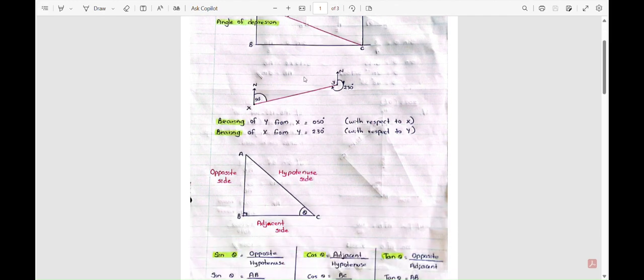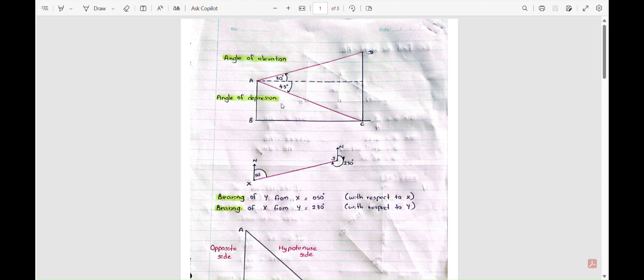Then let's move on to the next thing. In this question, there's something called bearing. Normally, the angle of elevation and angle of depression, we use with the vertical plane. That means with vertical buildings and vertical trees like that. When we are considering the angles from a top to another top or from a top to the bottom, those are vertical plane locations.